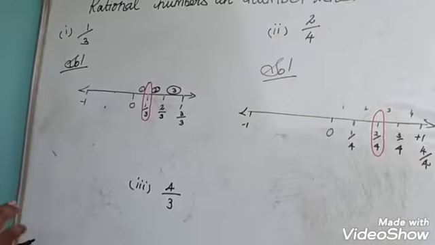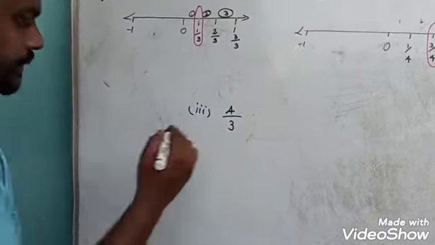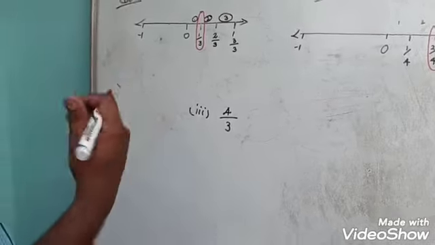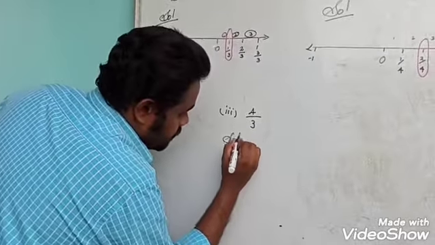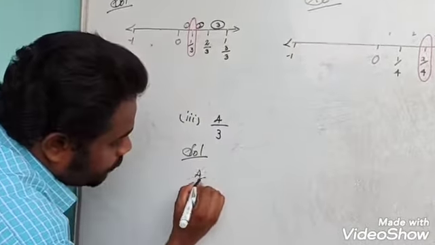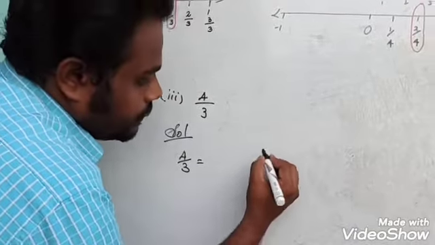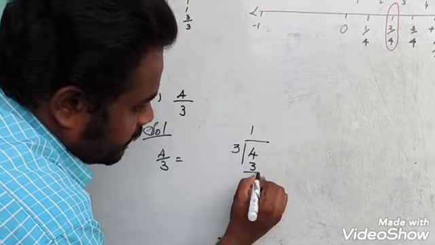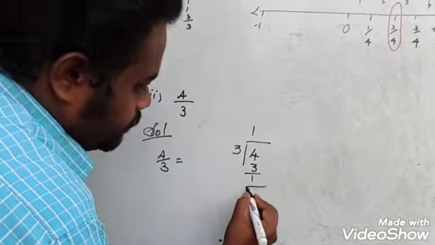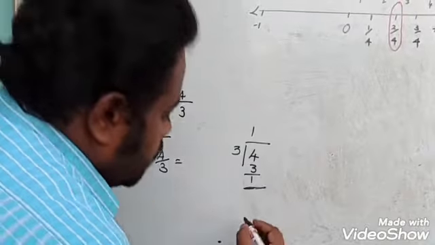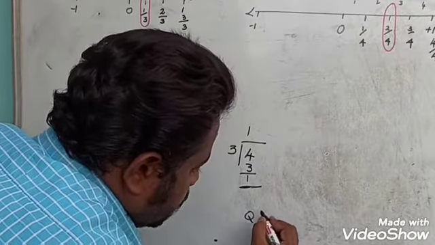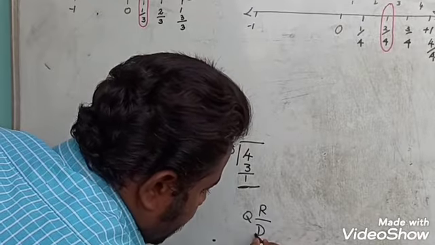So we have to mention 2 by 4 in number line. Now the third one, this is an improper fraction. First we have to convert this into a mixed fraction by the usual method. So 4 by 3, normally we divide 4 by 3. So 1 3 is 3, remaining 1. The format is quotient, remainder by divisor.